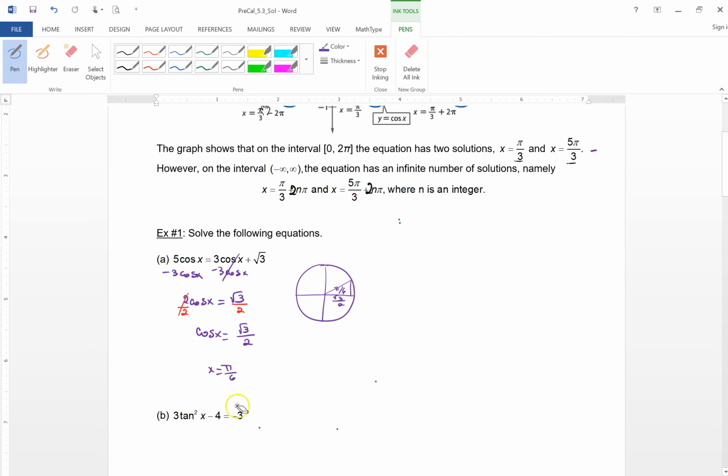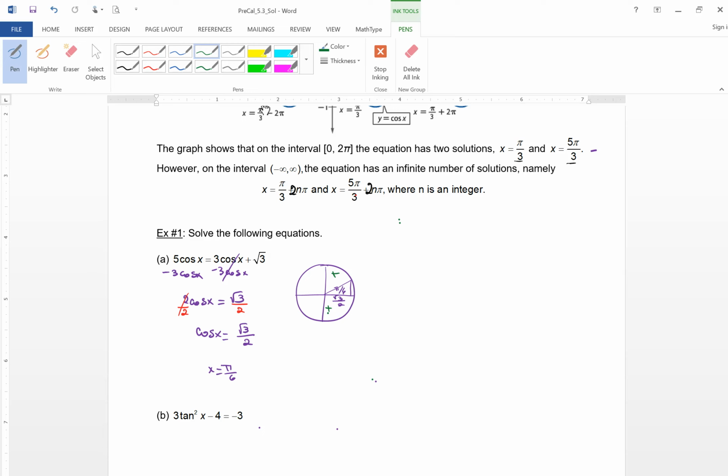Now, but that's not all. Where is cosine positive? Here and here. If I want my angle to be positive root 3 over 2, that means it could either be in quadrant 1 or quadrant 4. So if it's pi over 6 here, what's the pi over 6 angle in the fourth quadrant?